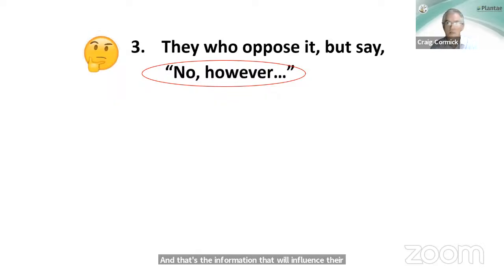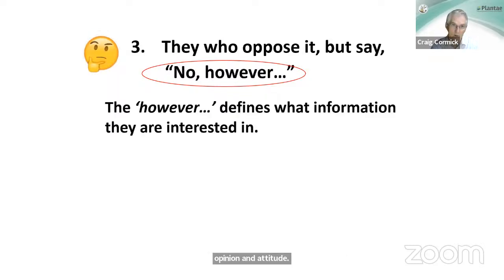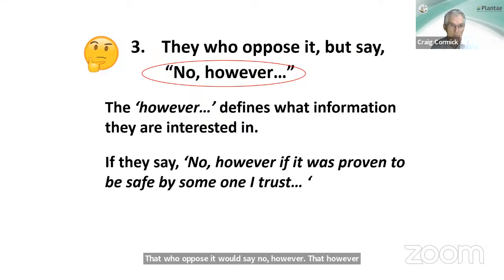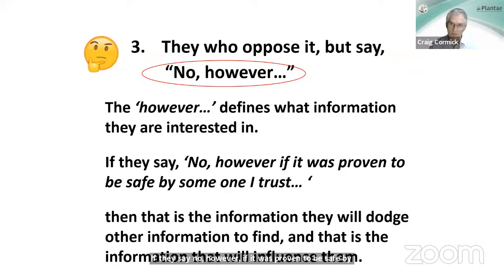Those who say no, however, that however defines what information they are interested in. If they say no, however, if it was proven to be safe by someone I trust, then that's the information they will dodge all other information to find, and that is the information that will most influence them.